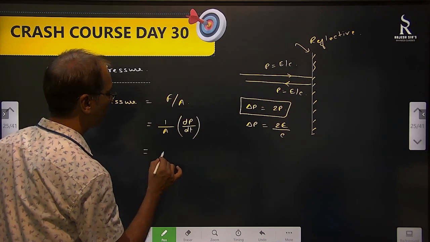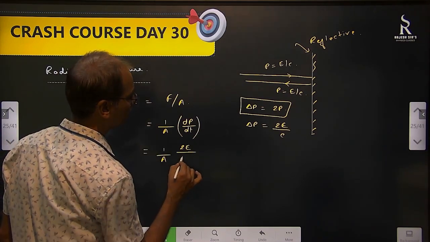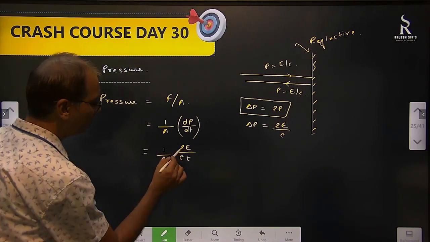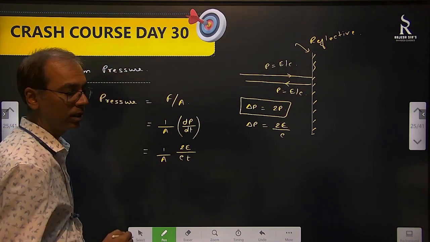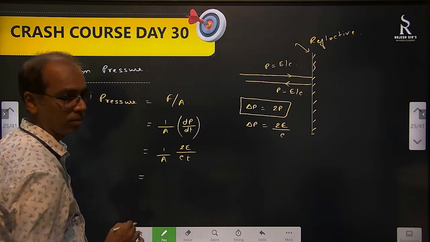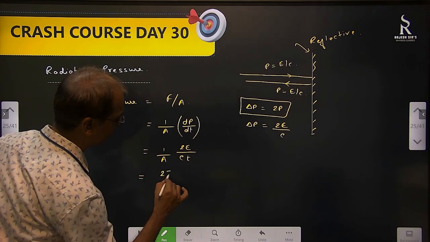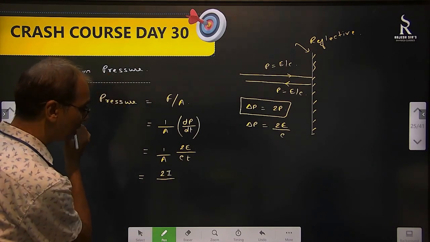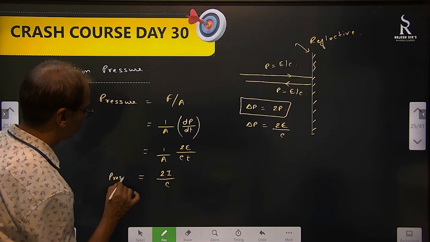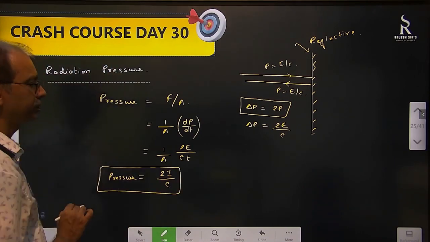So what we are getting is 1 by A, 2E by C, and delta T is still there. So energy per unit area per unit time. That means intensity. So 2I by C. This is pressure exerted on a purely reflective surface.